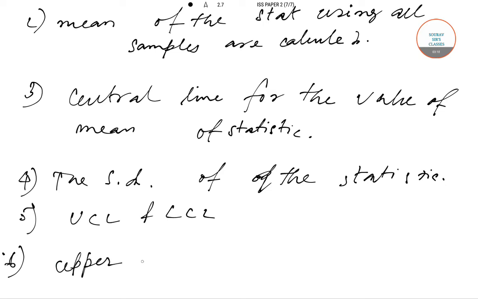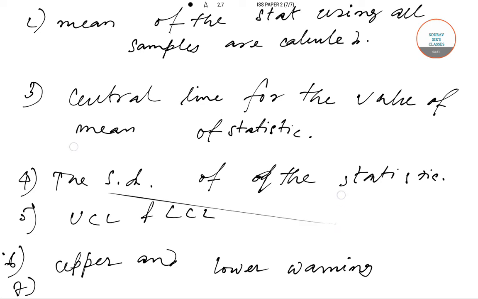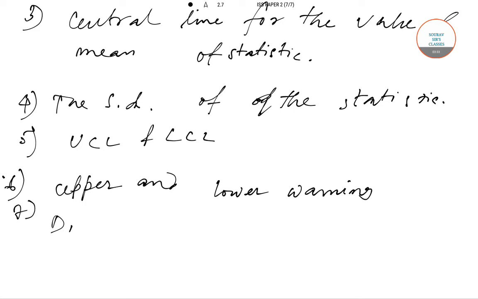Upper and lower warning or control limits. Then there is division into zones, with rules governing the frequency of observations in each zone.